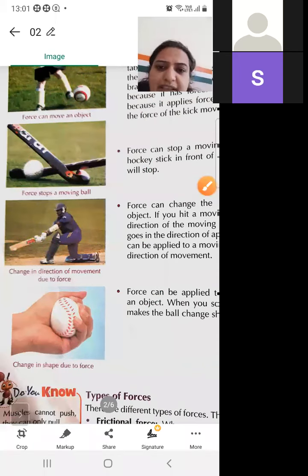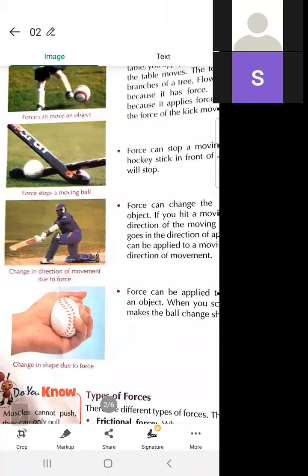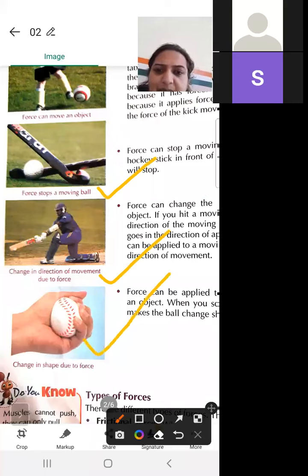Again, what are the effects of force? Force can move an object. Force can stop a moving ball. Force can change the direction of movement. Force can change shape.